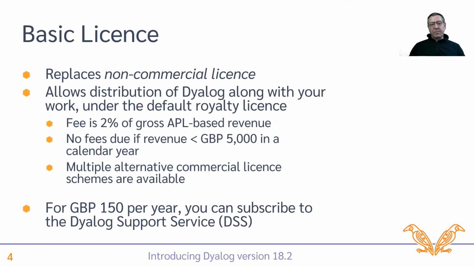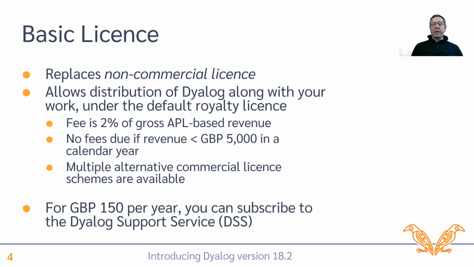So to be clear, the basic license replaces the existing free non-commercial license, and it allows you a little bit more than the old non-commercial license did. It allows you to redistribute Dyalog APL along with your own work, which was not allowed in the old non-commercial license, implying a default royalty license.